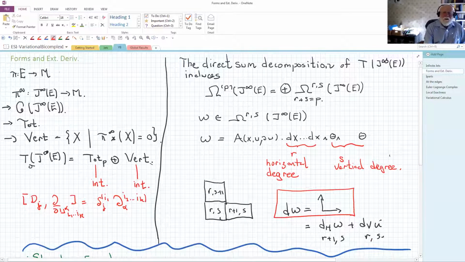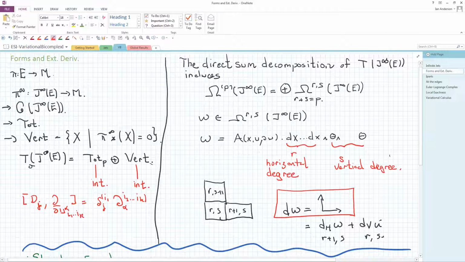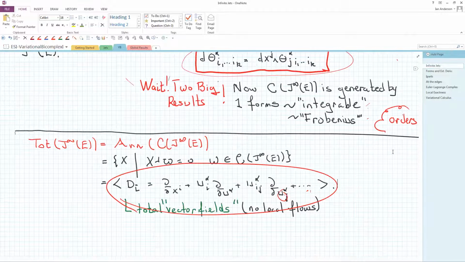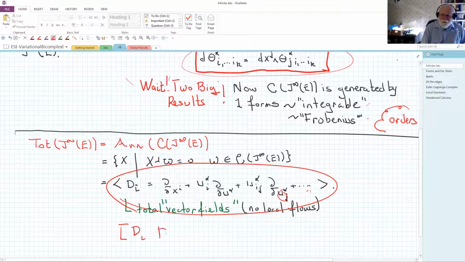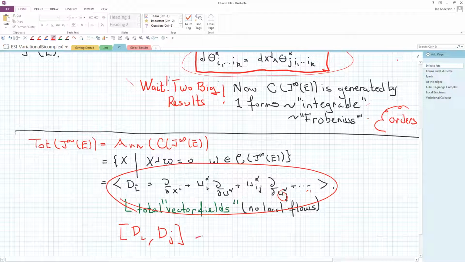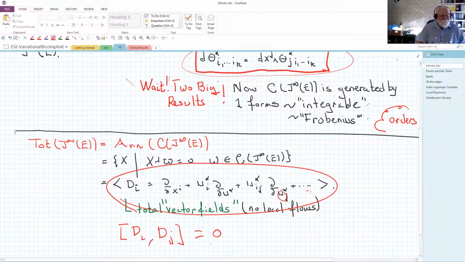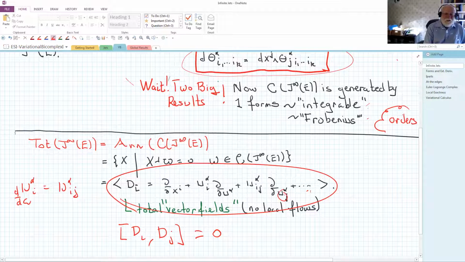So I have a question. Yeah, go ahead. Is it integrable or not? Do these vector fields integrate to surfaces or not? I would say not. They're integrable, but if you try and write down the equation for the flow, it's sort of like d by d epsilon of u^α_I equals u^α_ij kind of thing.